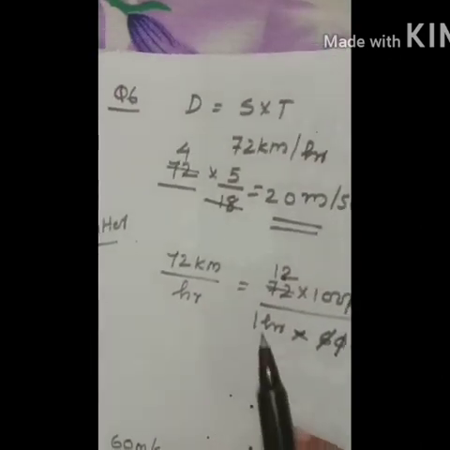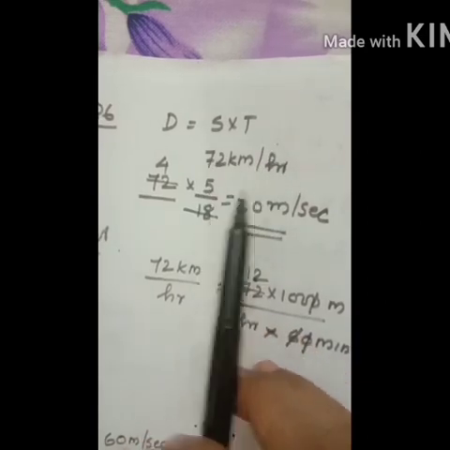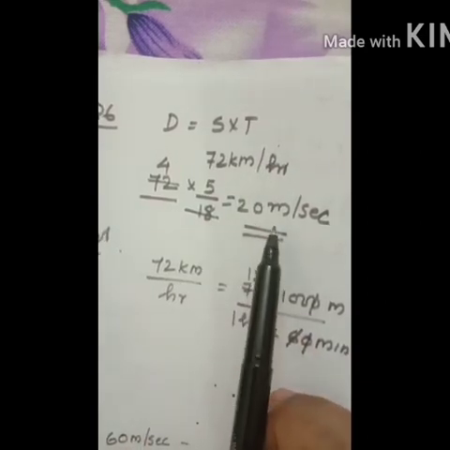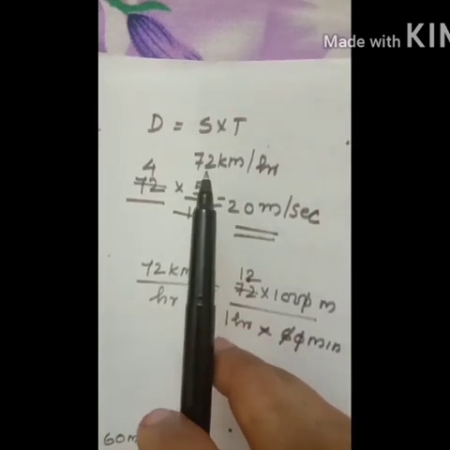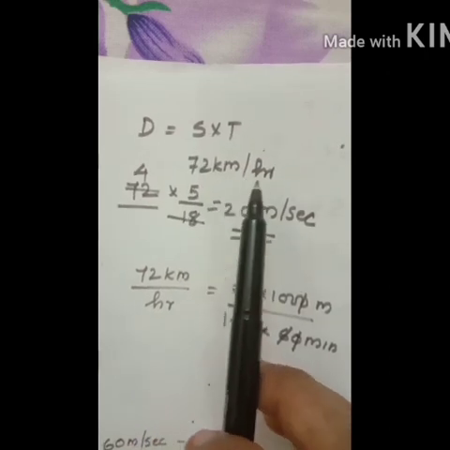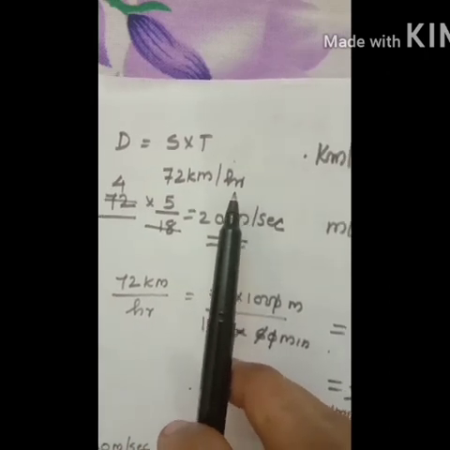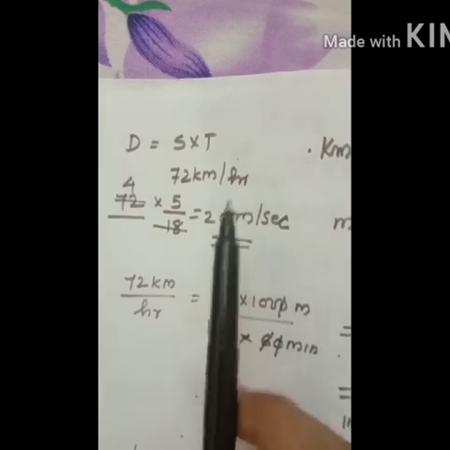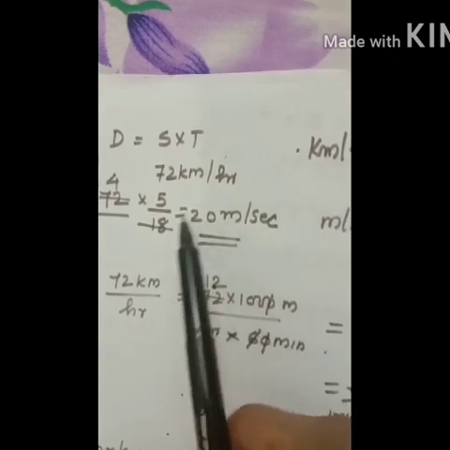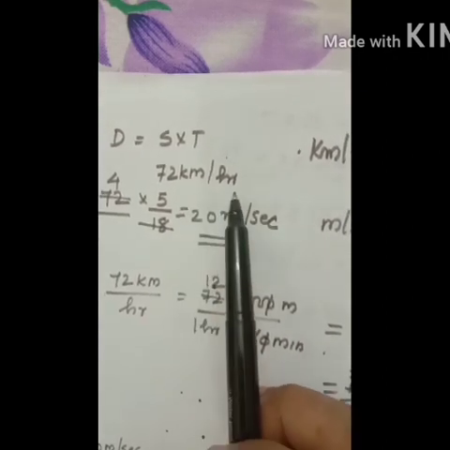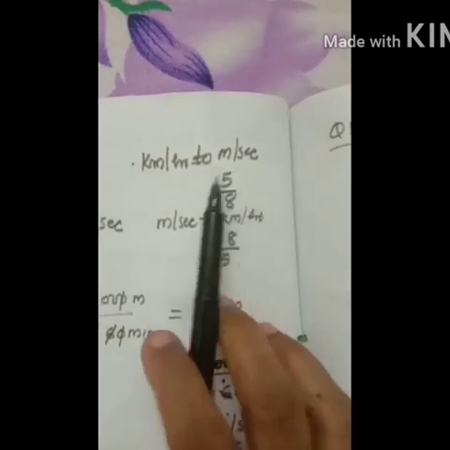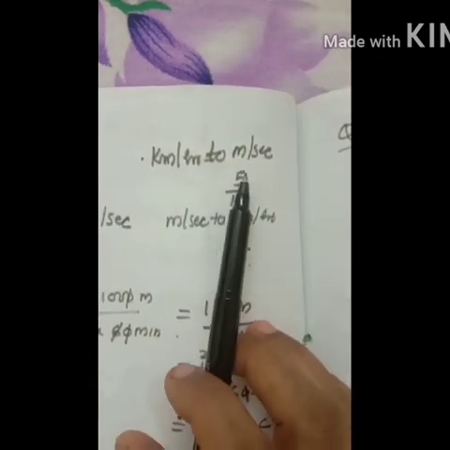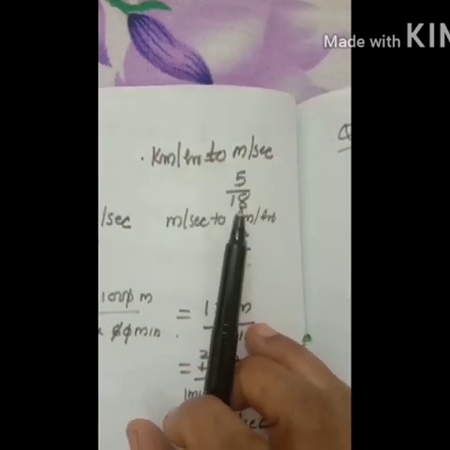Question number 6. Distance equal to speed into time. Same calculation. But children, here 72 kilometer per hour you have to convert to meter per second. There is a quick method. You want kilometer per hour to meter per second, just multiply with 5 by 18.